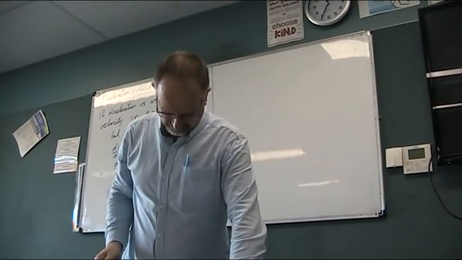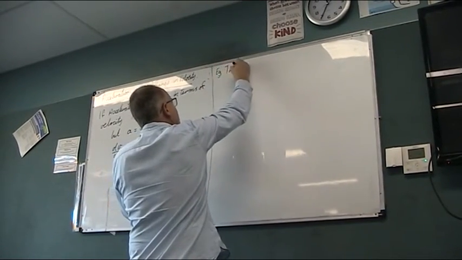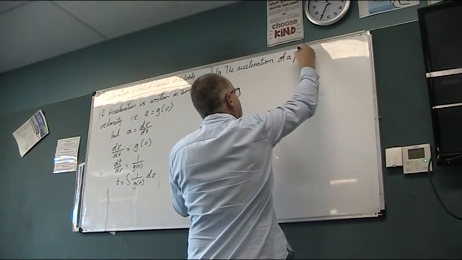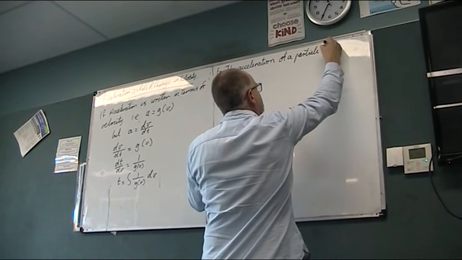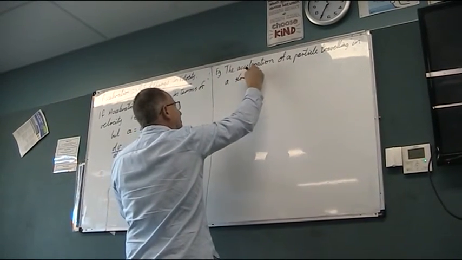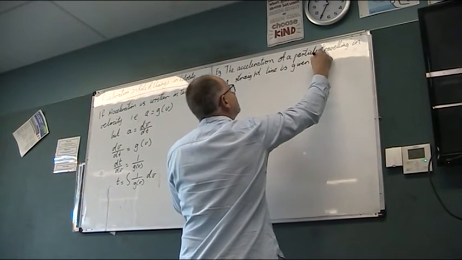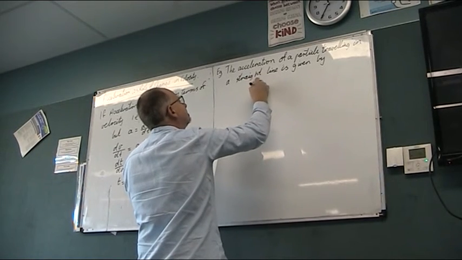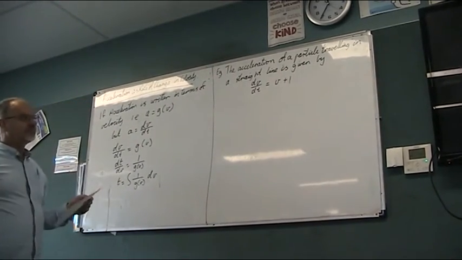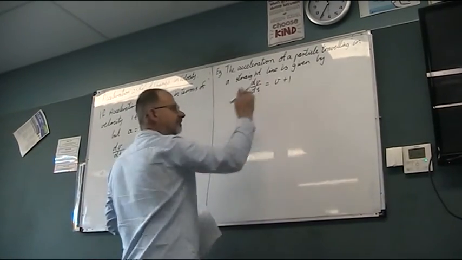Alright, example. The acceleration, which is dv/dt, is v plus 1 in terms of velocity, v.